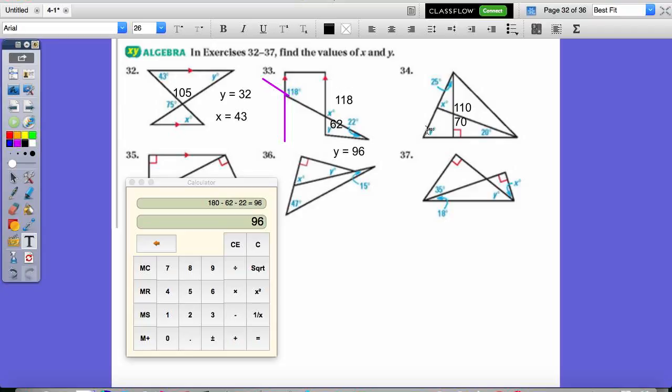So 110, and then that's 70 as well. So 25 plus x plus 70 is 180. So 180 minus 70 would be 110 minus 25. So x equals 85.